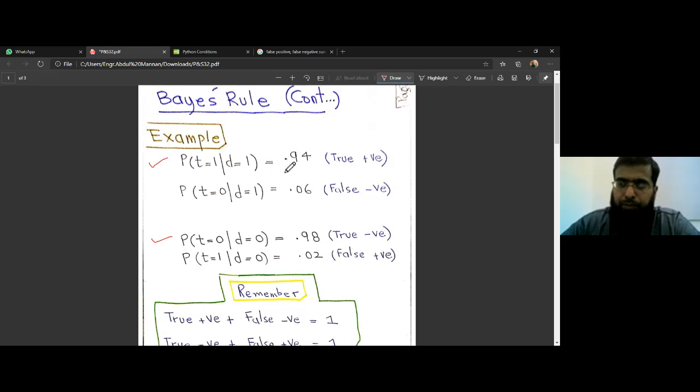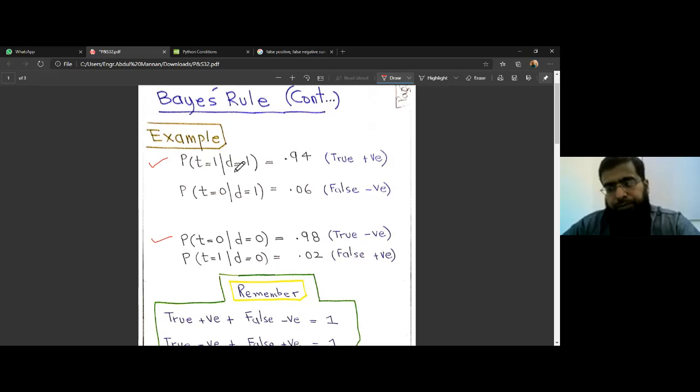It's 0.94. In medical terminology, we call it true positive. Truly it has detected a positive presence. So the disease is there, and the test has detected it too. Therefore, we call it true positive.